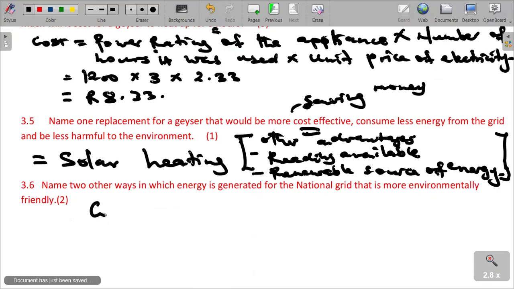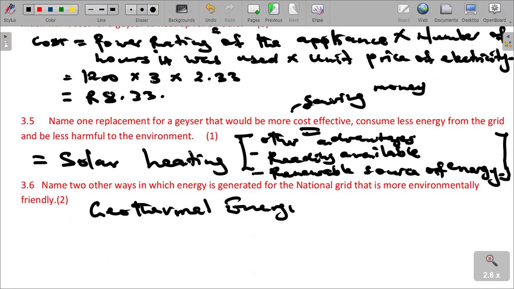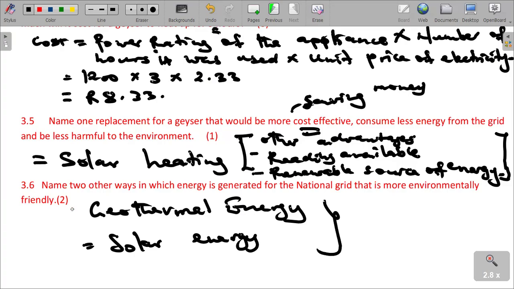We have already talked about them. They are environmentally friendly sources of energy.